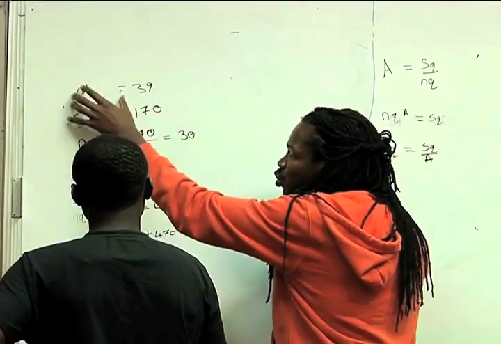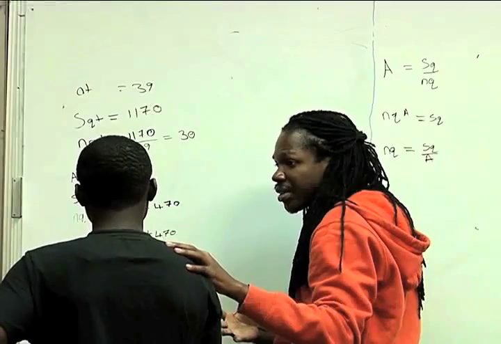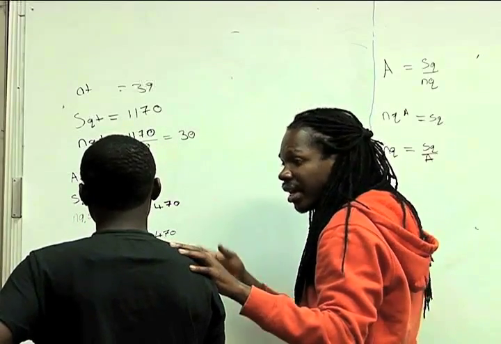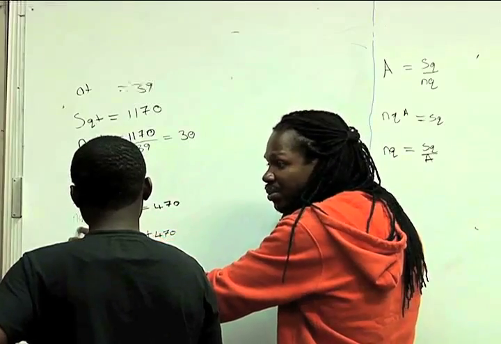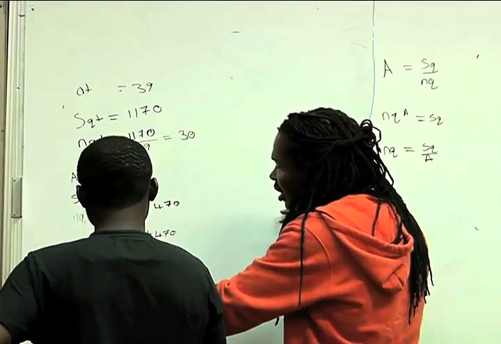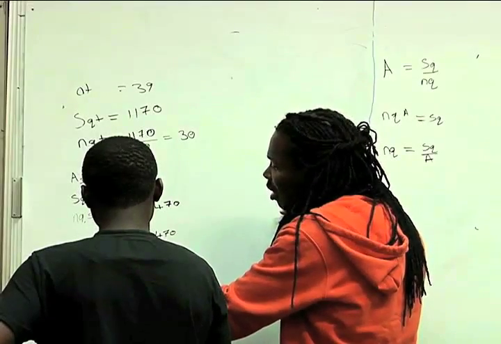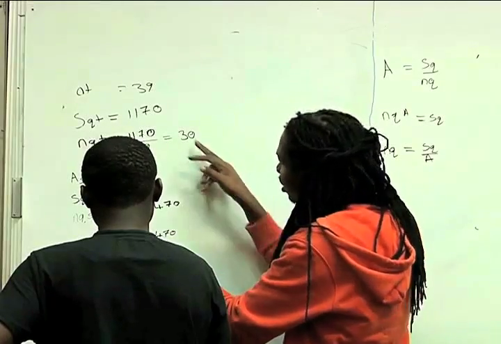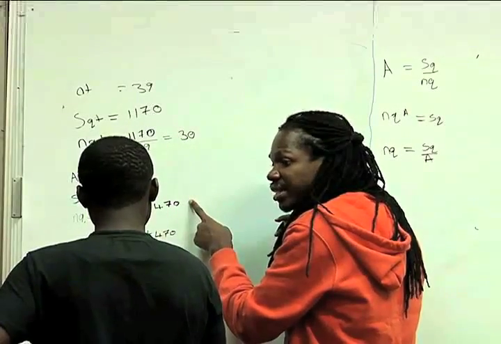So that means now we have everything for students and everything for teacher. So how are we going to find everything for people? By adding student to teacher. You understand? We need A, SQ and NQ. So in this case, the number of people, which is NQP, is 30 teacher plus 470 student.